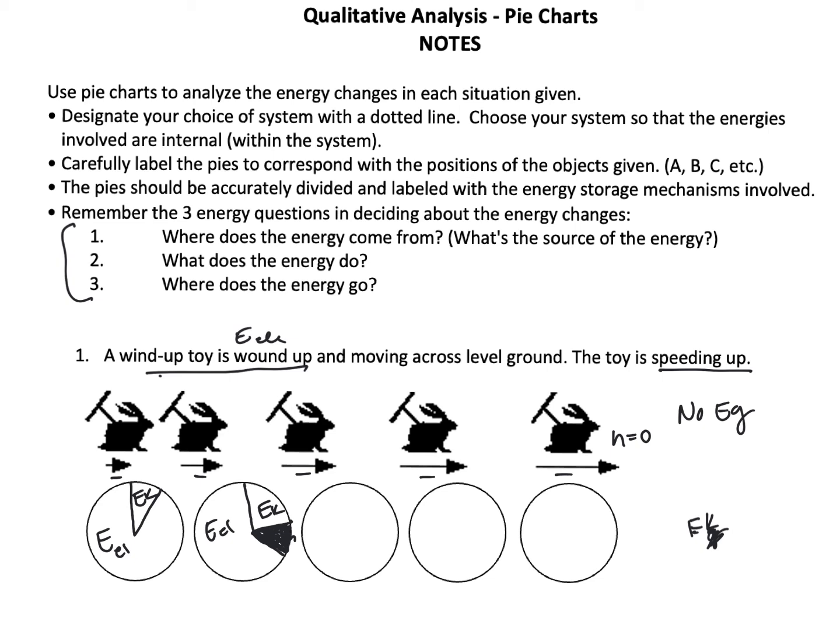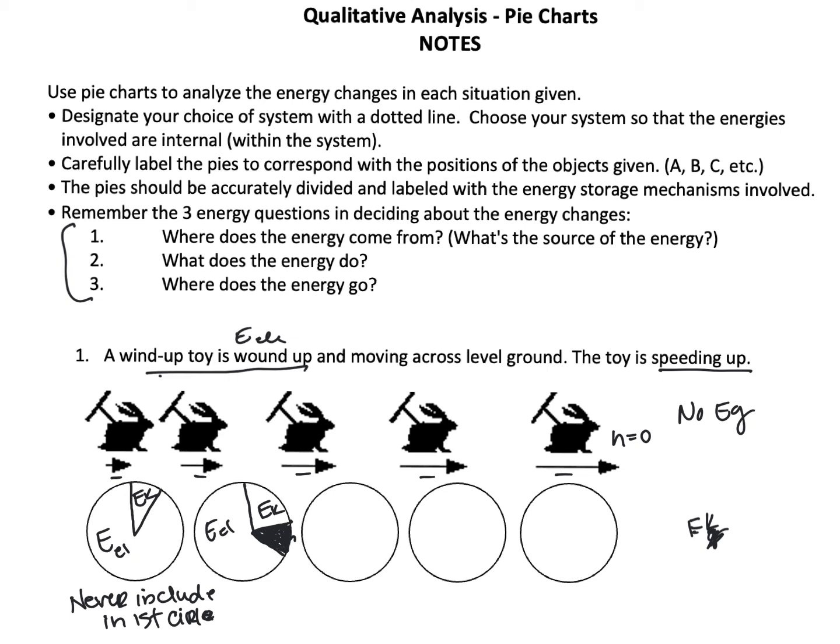The other thing to keep in mind with thermal energy is we never want to include thermal energy in our first pie chart, in our first circle. And the reason is because there's always thermal energy in things. All objects have thermal energy.